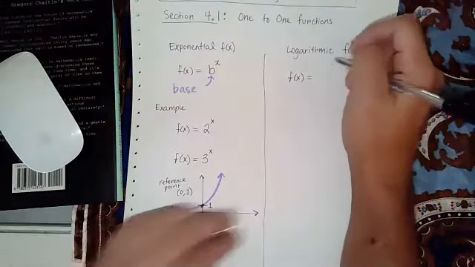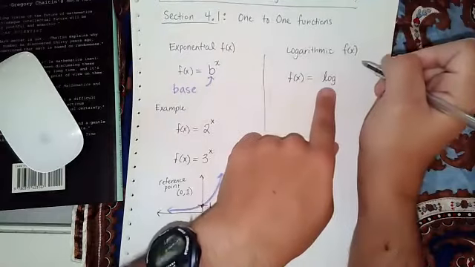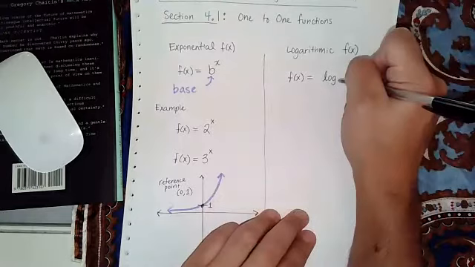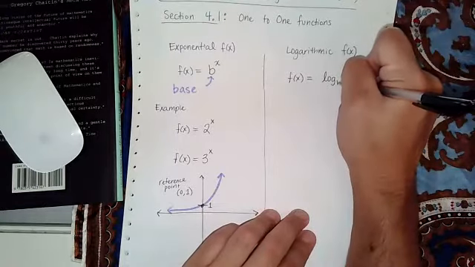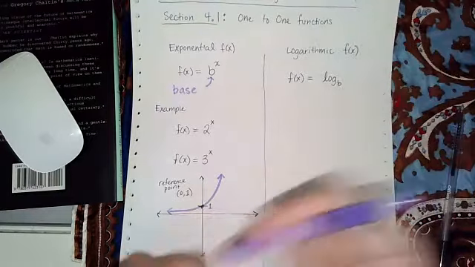But a logarithm is usually written like this. The word log, and then there's a little symbol here, like a subscript b, which is going to be the base of the logarithm.